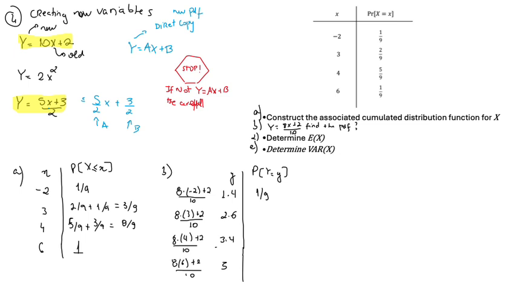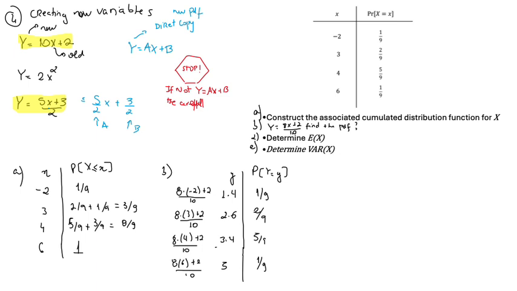What's the probability of your y being 2.6? Well, it's just the same thing as x being 3, so it's 2/9. It's here. And you can take the picture.